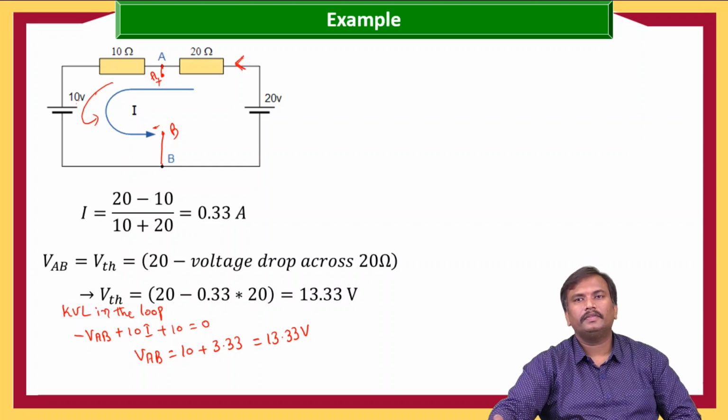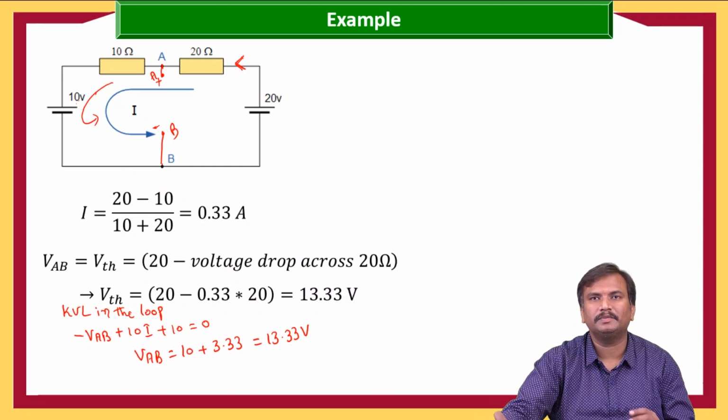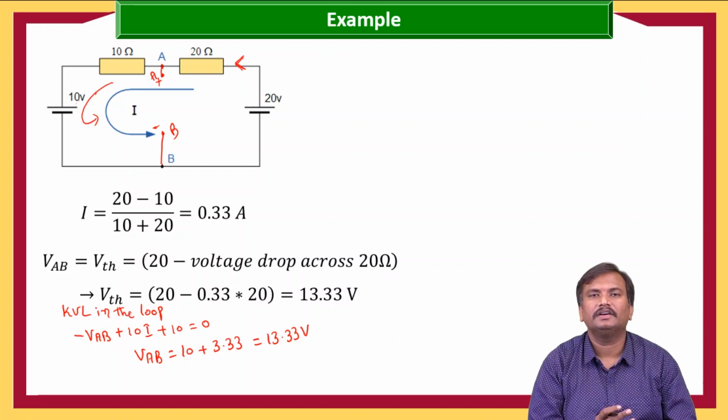We got the same voltage in both cases because these are parallel branches, and as we know, parallel branches have the same voltage.